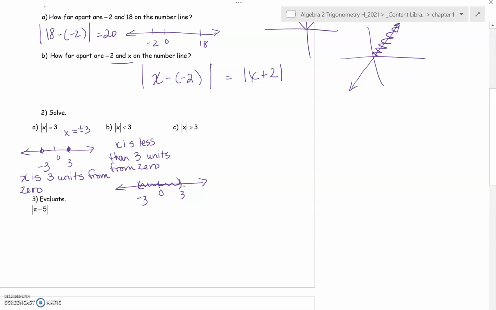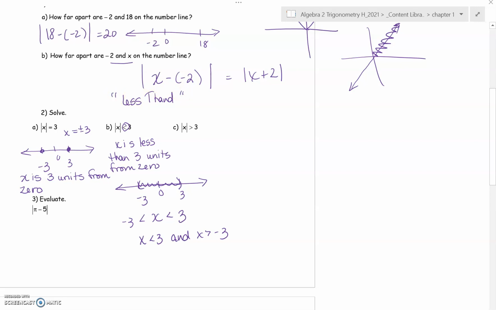So x is between -3 and 3. There are a few ways you could write this. You could also write x is less than 3 and x is greater than -3. So if it's a less than, it's an and. Some people write less than to help them remember that: less than is an and.